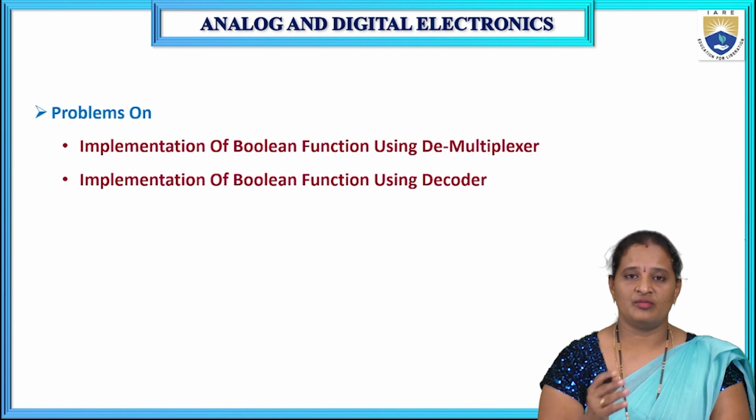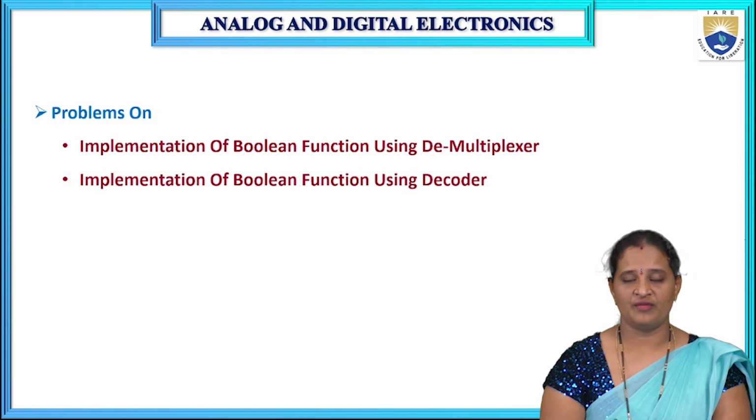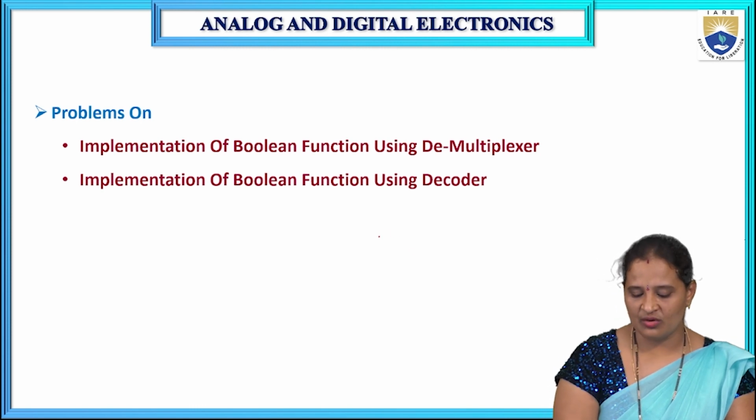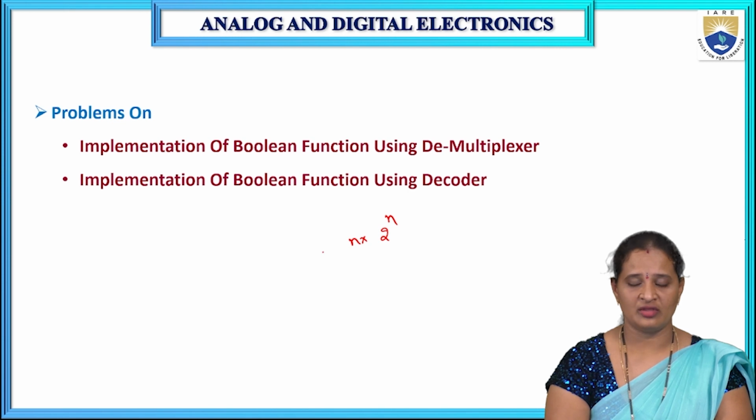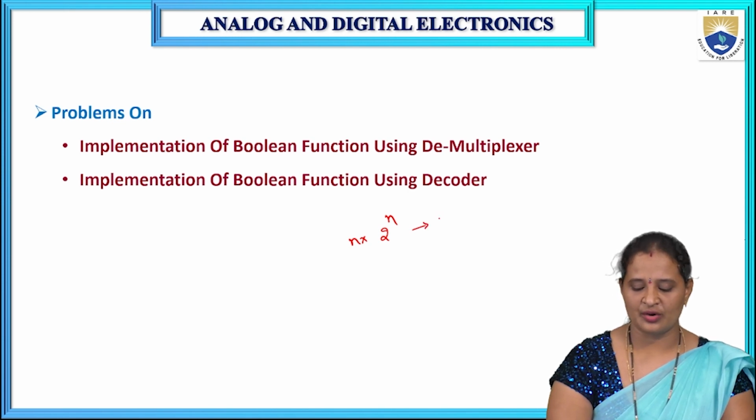The size of a decoder is n by 2 power n, with only one extra control input, which is said to be the enable input.